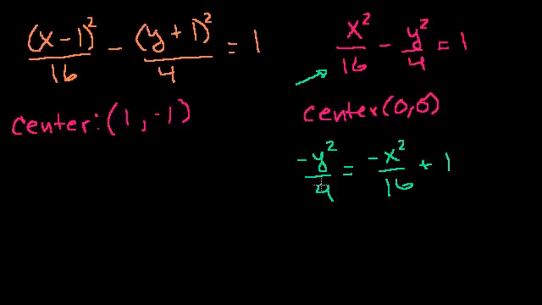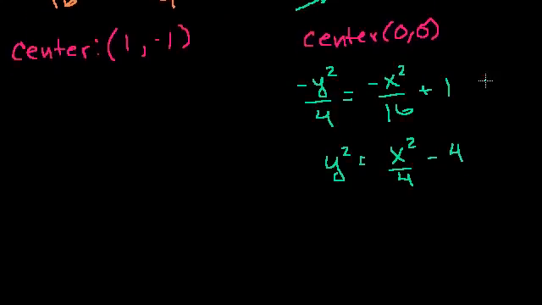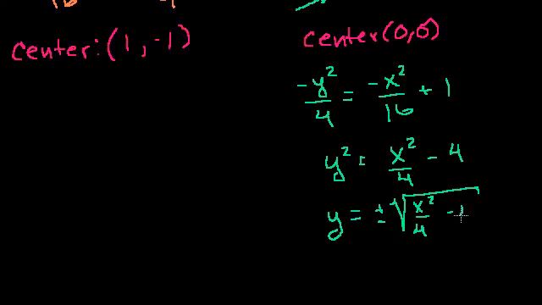And then let's multiply both sides by minus 4, and you get y squared is equal to, the minus cancels out with that, and then 4 over 16 is x squared over 4 minus 4. And so y is equal to plus or minus the square root of x squared over 4 minus 4.